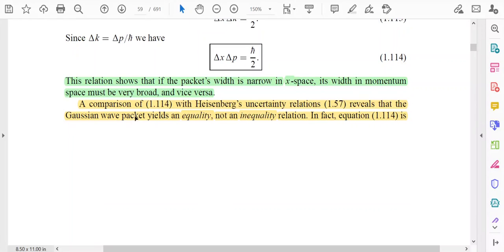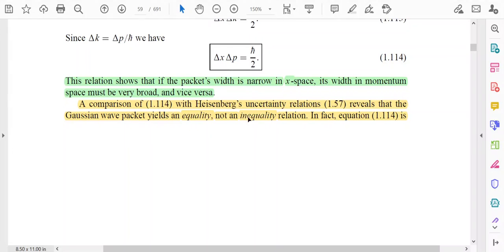Now a comparison of equation 1.114 with Heisenberg's uncertainty relation. Heisenberg's uncertainty relation is delta x delta p greater than or equal to h cut by 2. If we compare this relation with the Heisenberg relation, it can be seen that the Gaussian wave packet yields an equality, as seen from equation 1.114.